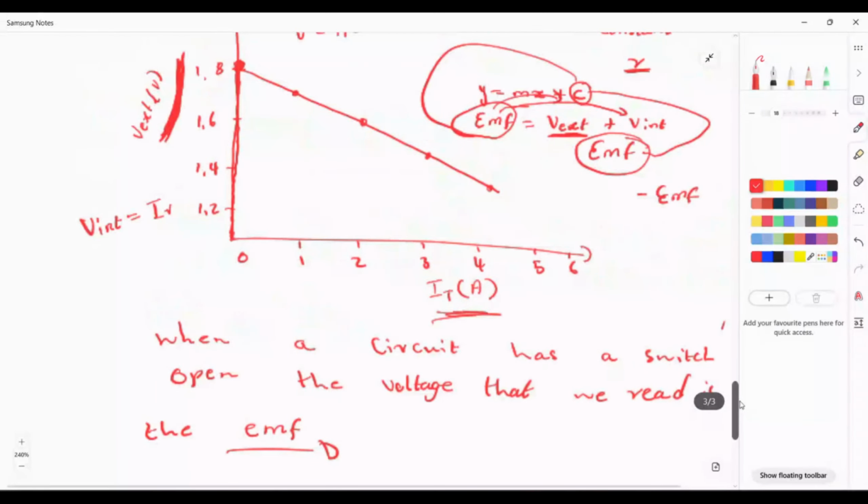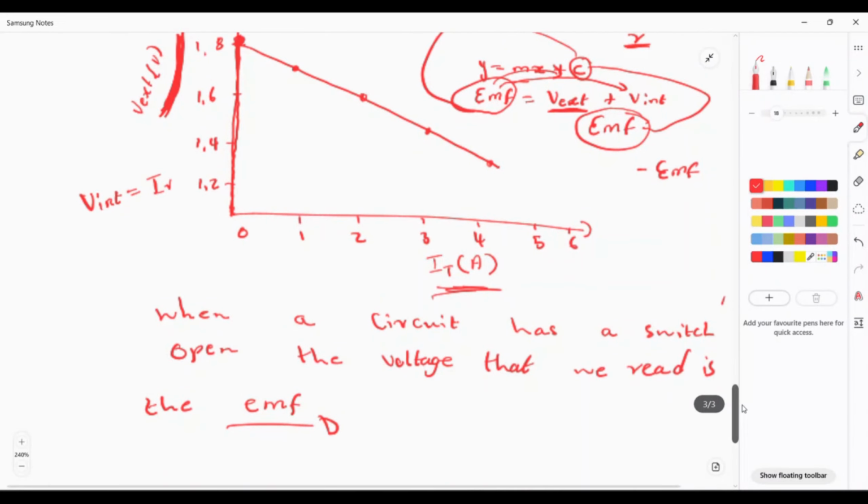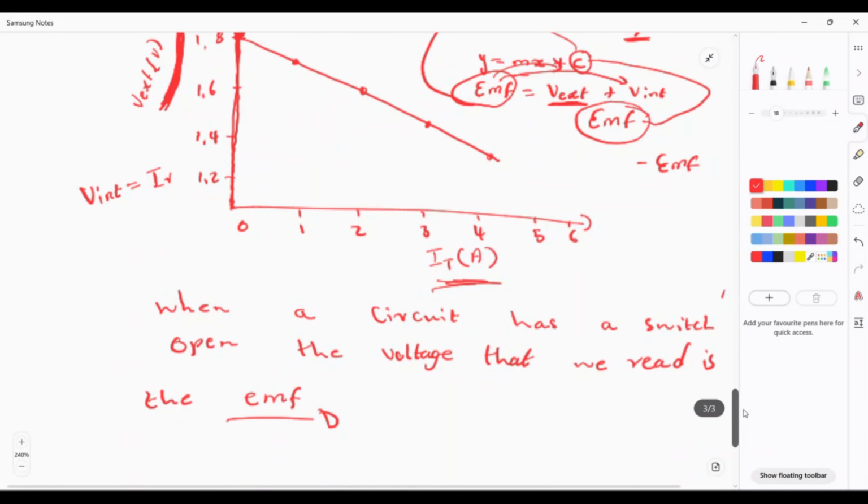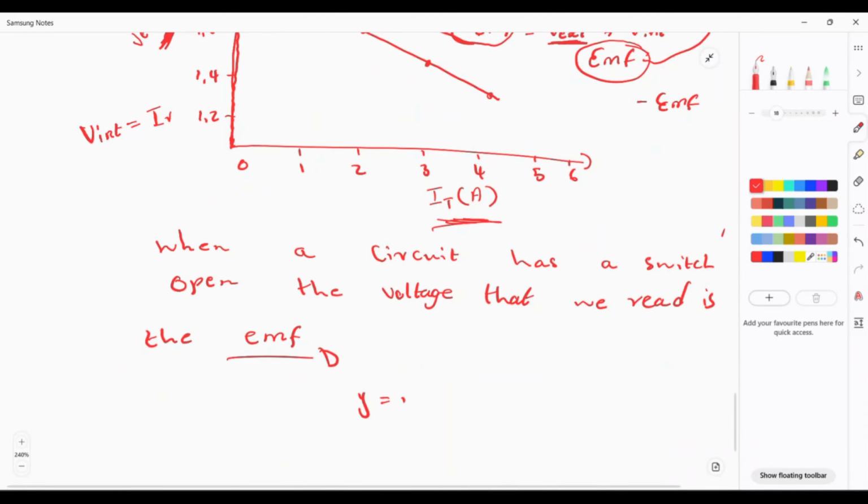My y-axis is made up of V external, which means according to y equals mx plus c, this one is made up of V external. We have already discussed that according to the formula, EMF is equal to IR plus I capital letter R. This one is my C value, my y-intercept.